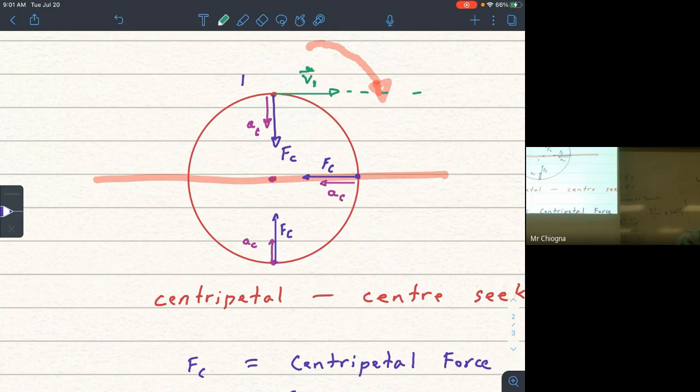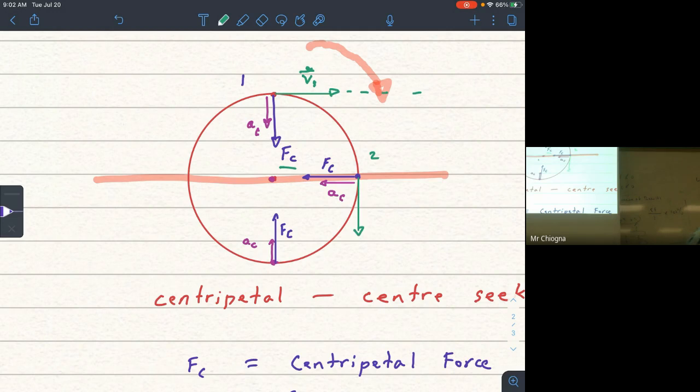So the green arrow is the direction that you want to move in naturally, and you will move in it unless there's a net force preventing you from doing that, keeping you in the turn. At each point, we'll call this 2 here. At point 2, this was velocity 1. This is velocity 2. Actually, I have to draw it. I want to make sure you get something really important here: they are equal length.